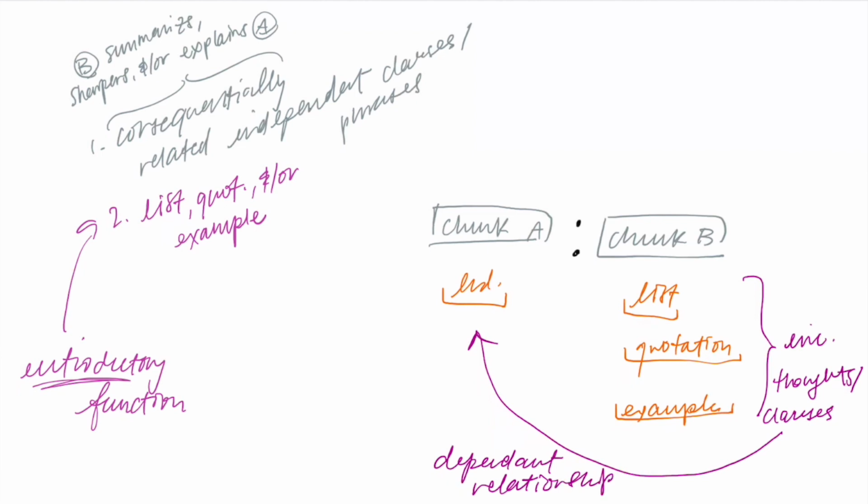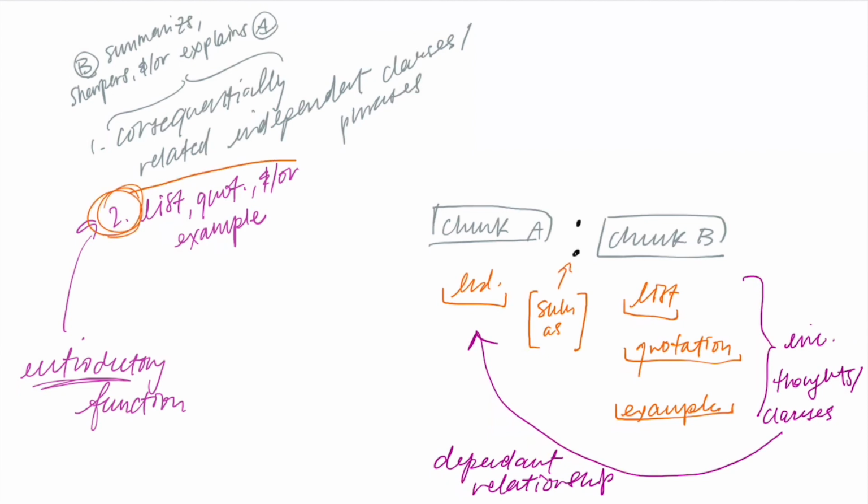The colon in this case does not necessarily indicate an equal relation between the two things. It's much more like the type-token discussion I had earlier in the video. A good way to read colons in this case is to read them as "such as." So if we have independent chunk A, such as, list item A, list item B, list item C.